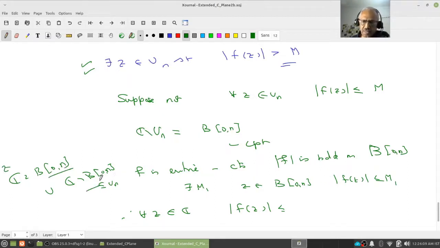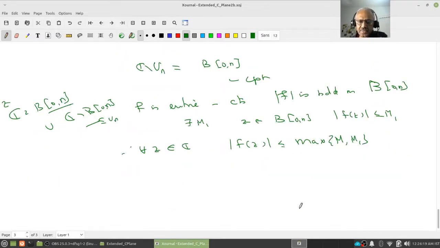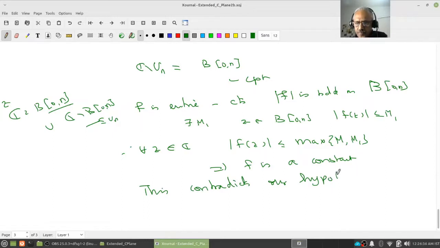If z is here, mod f(z) is less than capital M. Therefore this is less than or equal to the maximum of M and M1. But remember, f is an entire function which is bounded, therefore f is a constant. So this contradicts our hypothesis that f is non-constant.